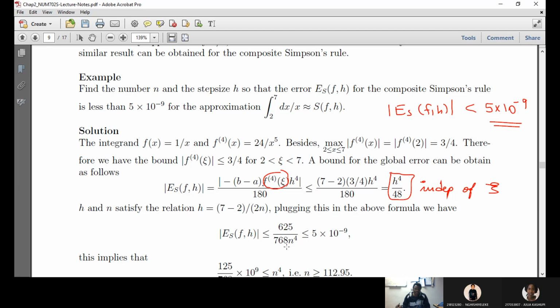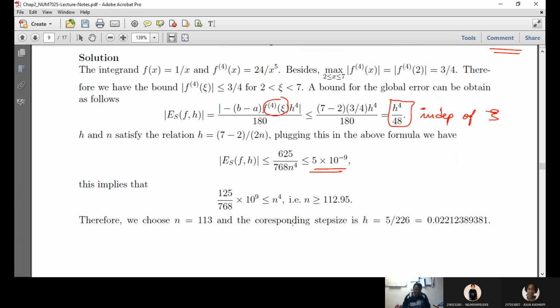If you compute, this is what we have, and we impose that this upper bound should be less than the constraint. And now you see that from this, I can easily solve for my n. So n has to be greater than or equal to this expression. Now, I cannot take my n to be this, but I need to take the next larger integer, which is 113. So if I take n to be this, we are sure that we will get the result.